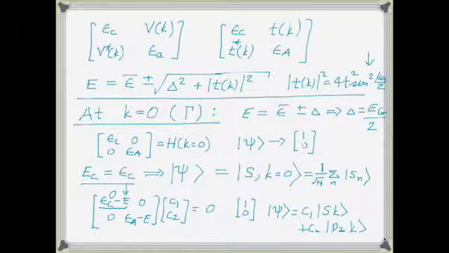It only gets bigger. And so your minimum gap occurs at k equals 0. Your minimum gap occurs at k equals 0. That's why it's a direct gap model. And so this delta is my band gap divided by 2.